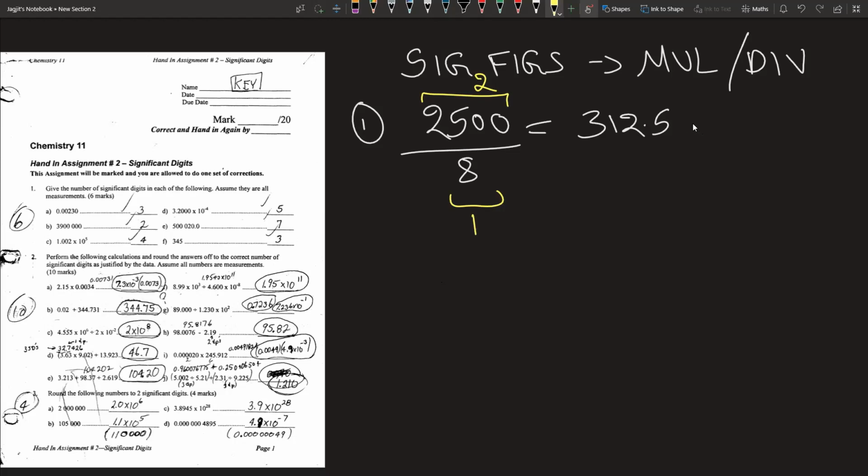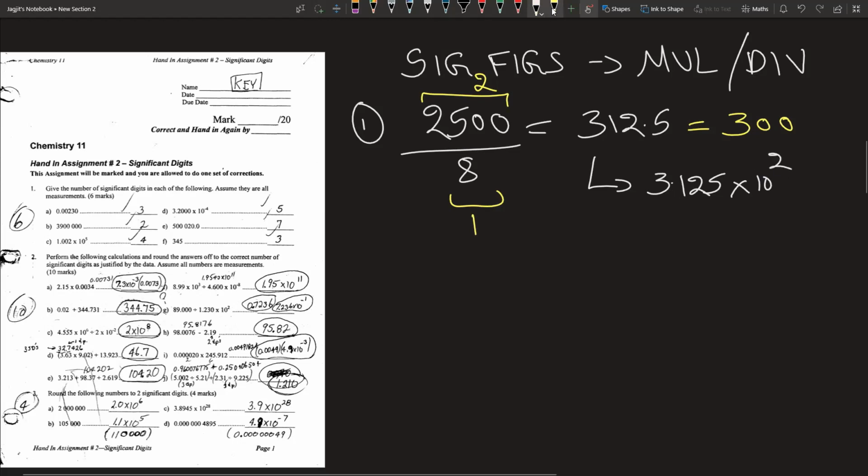So how would you turn this so that it only has 1 sig fig? What's this close to? 300. Or what you could have done was, because thinking about this is a bit challenging, you could have changed this to scientific notation, like 3.125 times 10 to the power 2.